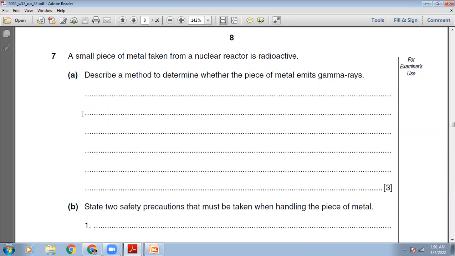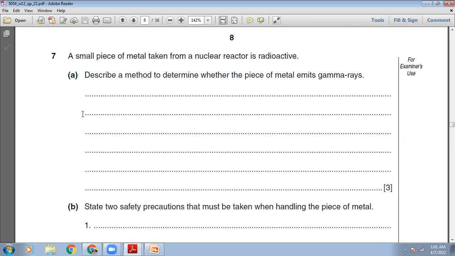A small piece of metal taken from a nuclear reactor is radioactive. Describe a method to determine whether the piece of metal emits gamma rays. So what we will do, we will take a GM tube and check the reading of the background radiation. Then we will bring the sample and place it in front of the GM tube, a few centimeters away.